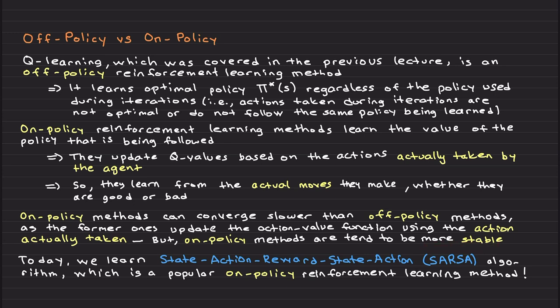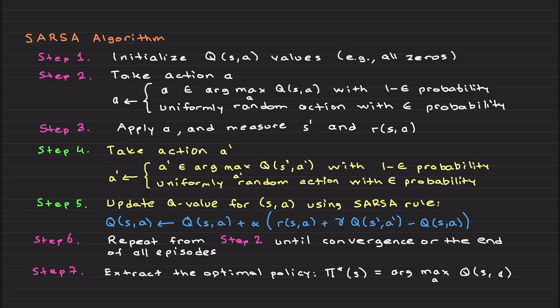So over the long run, they learn in a more stable fashion as compared to off-policy methods. So today we learn the state, action, reward, state, action, or so-called SARSA algorithm for short, which is a popular on-policy reinforcement learning method. I will directly present the method.